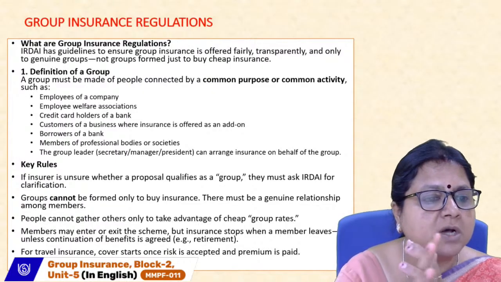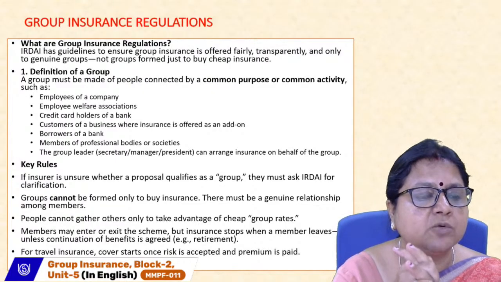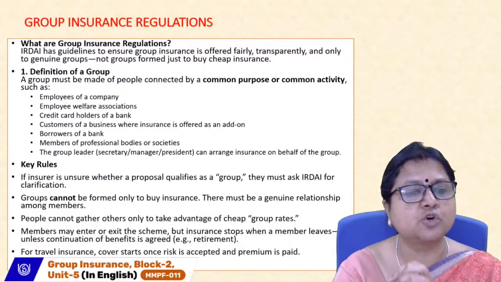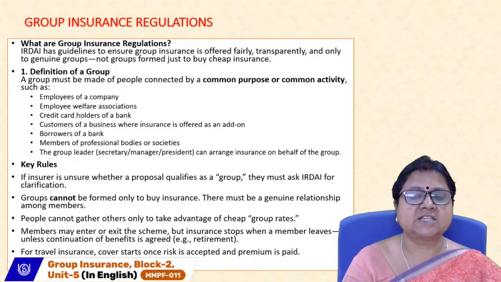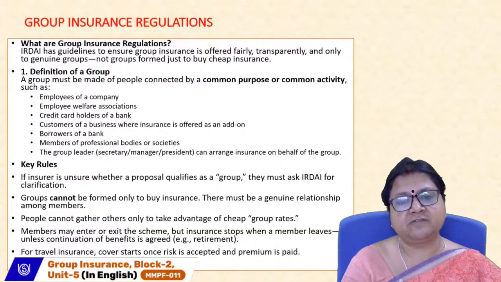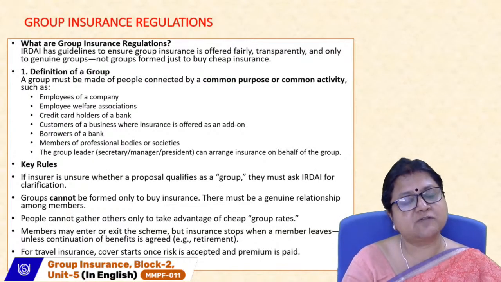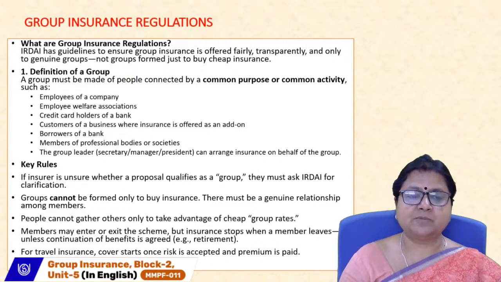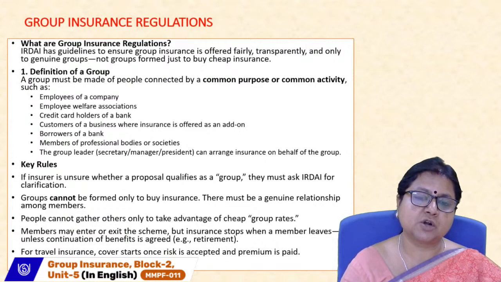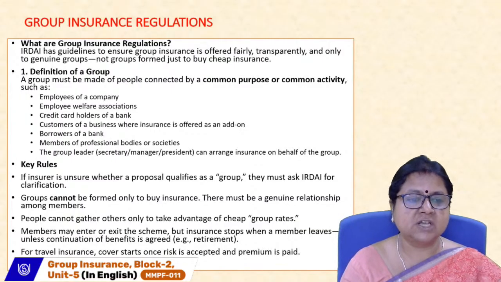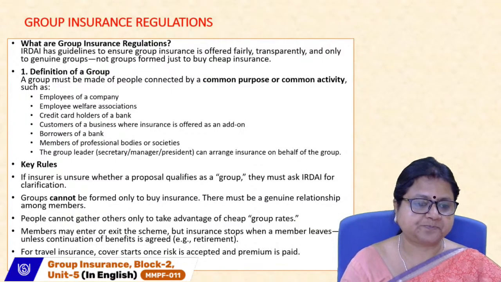So now the key rules which have been laid down: if an insurer is unsure whether a proposal qualifies as a group, they must ask the IRDAI for clarification. Suppose there is any confusion whether such groups will be able to avail the group insurance policy or not, it has to be asked to the regulatory authorities.